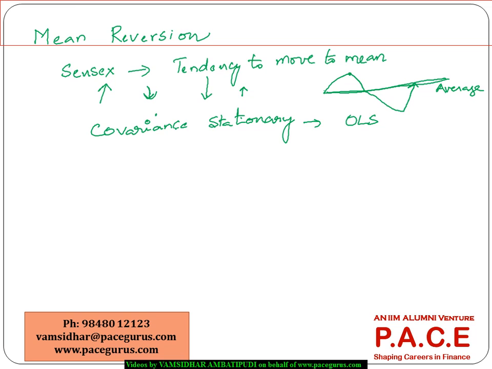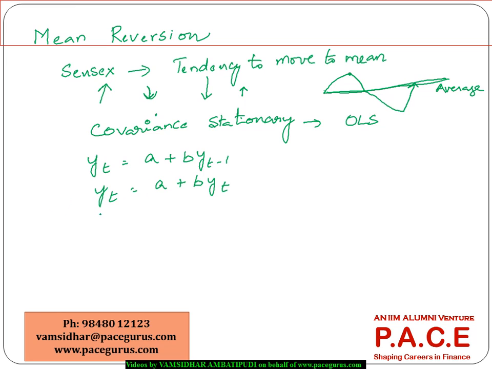The way people look at it is, in general, any time series equation is yt equal to a plus b into yt minus 1. So when it exhibits mean reversion or covariance stationarity, because the average is more or less the same across, I can substitute yt with yt minus 1.